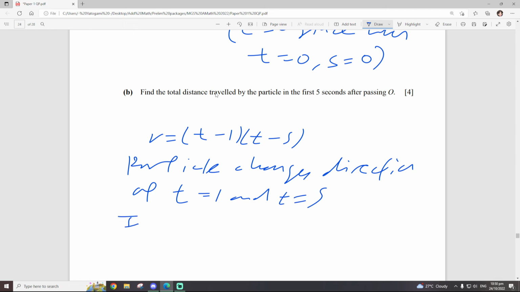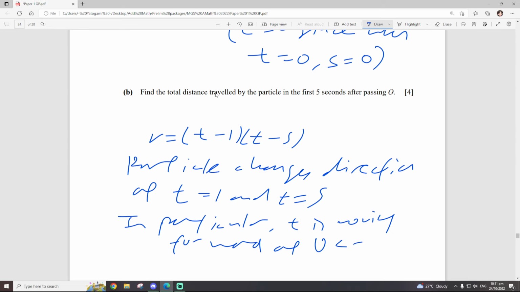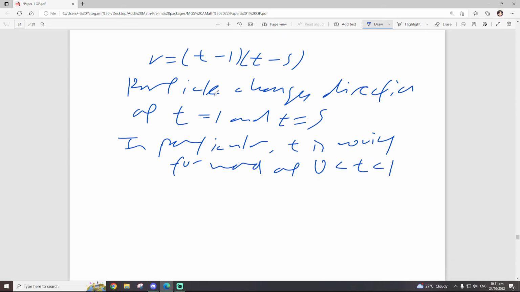In particular, it is moving forward from t equals 0 to 1 and backward from t equals 1 to 5.